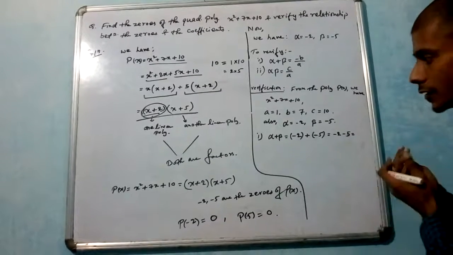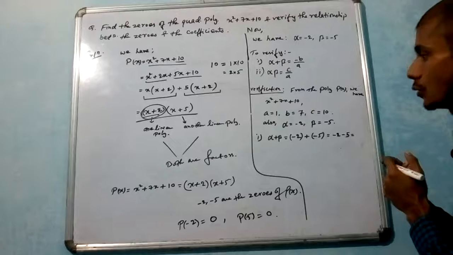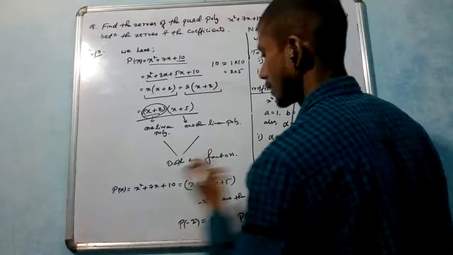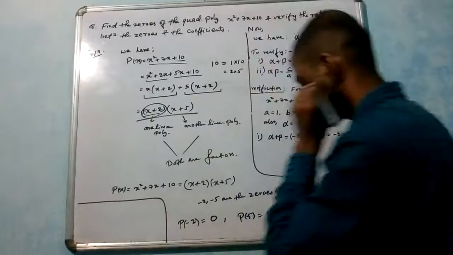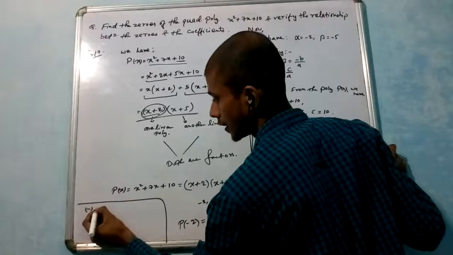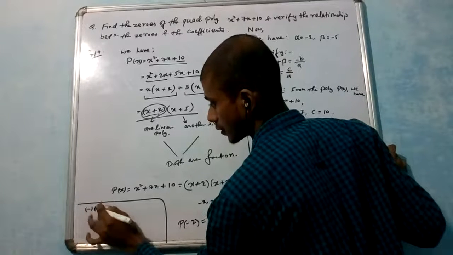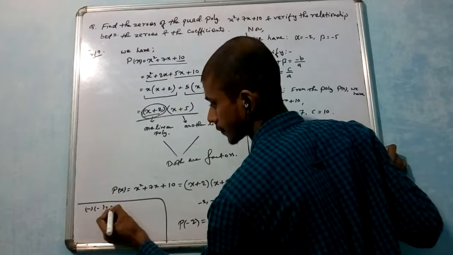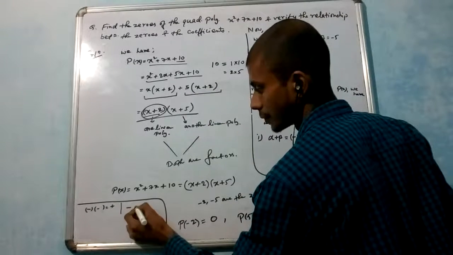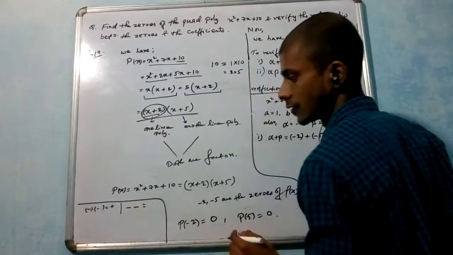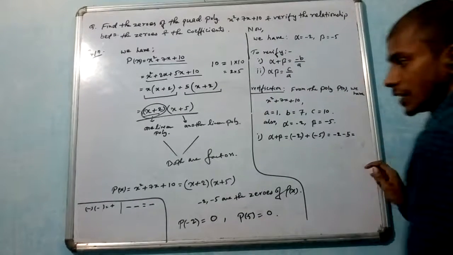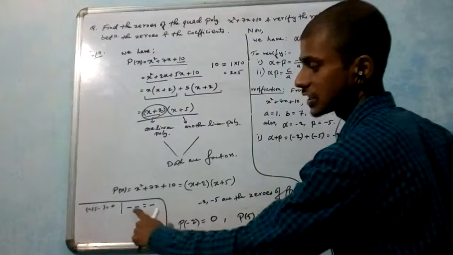Understand the difference here. When the signs are multiplied, like minus into minus, we get plus. But if you have minus minus, then minus only. Here there is no multiplication, it is addition and subtraction.